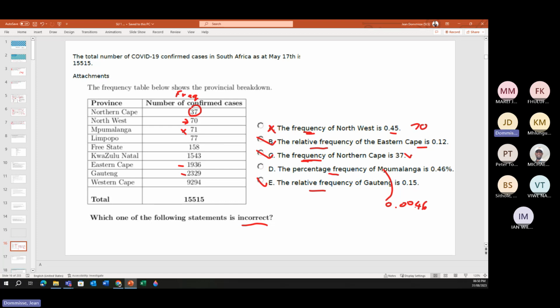That is the relative frequency, but to put it in a percentage we need to multiply it by 100. Then you get 0,46%, which makes option D also correct.